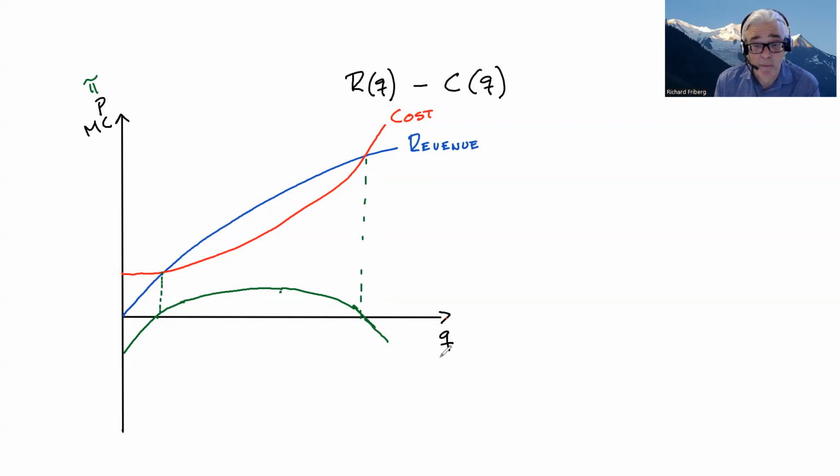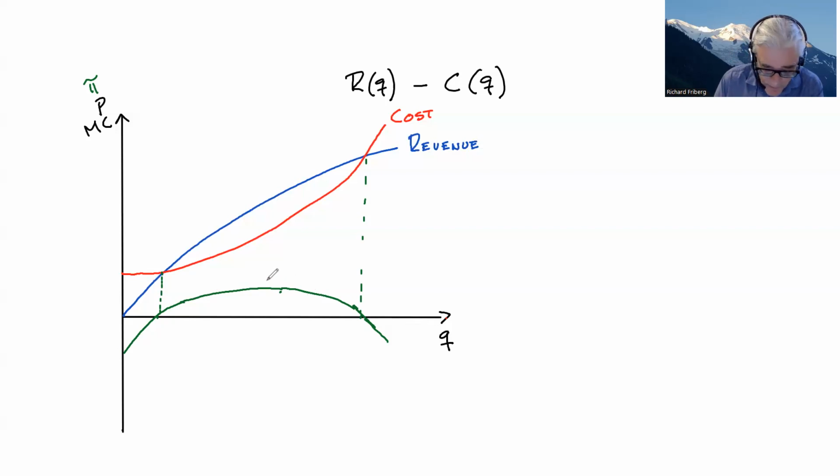So the question that we're posing to the firm, or as analysts, is what should the optimal quantity be? Where would the firm want to position itself? How much does it want to produce? Well, if we're assuming that it wants to maximize profits, it just wants to find the point on the profit function where profit is the highest. If we're thinking of this as a hill, we're coming from the left here, moving upwards, higher, higher, higher, and then at some point we start to walk downwards again.